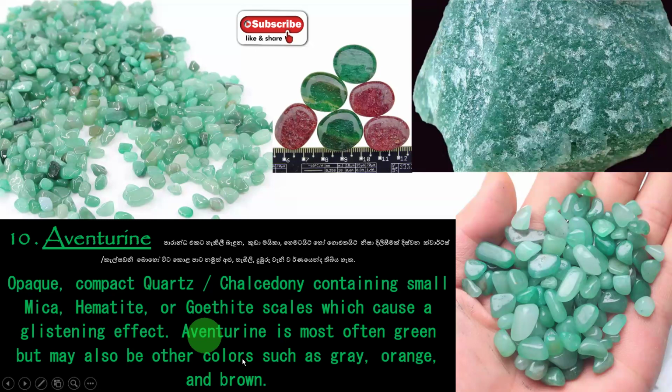Aventurine is most often green, but may also be other colors such as gray, orange, and brown. That is aventurine, a translucent or opaque variety.